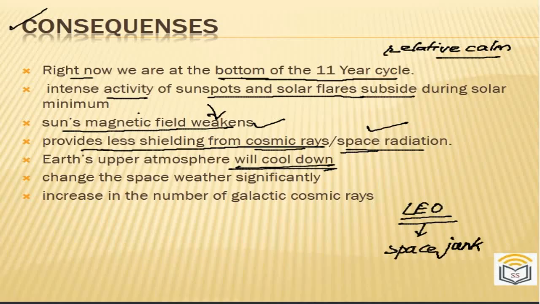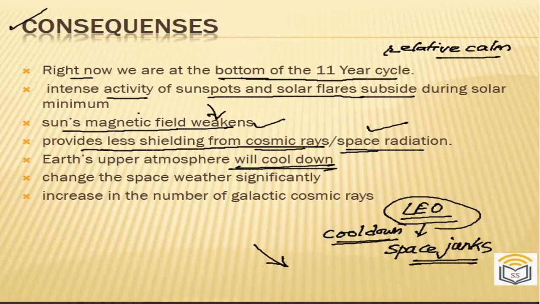There are space junks, the space debris, which are floating in the LEO, and as the LEO is cooled down, the space junks or the other objects which are coming towards the Earth will not burn.